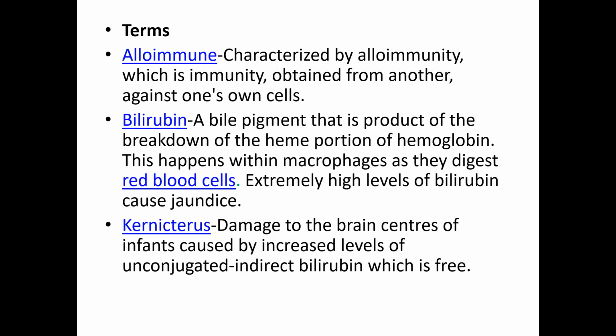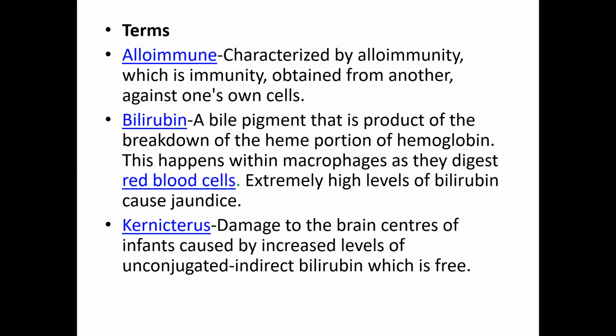Generally, it happens within a macrophage, where the RBCs are engulfed and digested, but sometimes the destruction is extreme. When the extreme destruction of the RBC is there, what will happen? A higher amount of bilirubin will be produced in the body. This condition will cause jaundice, which creates many complications in the human body.